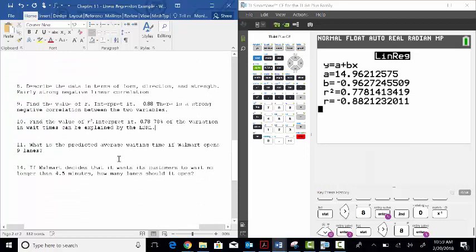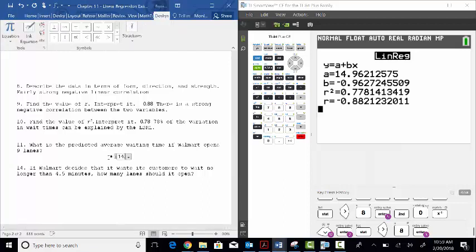Now remember, your x is your explanatory, and that was the number of lanes. So if I do 14.96 minus 0.96 times 9, which is the number of lanes we want open, we can figure out our y value, or we can figure out our wait times.